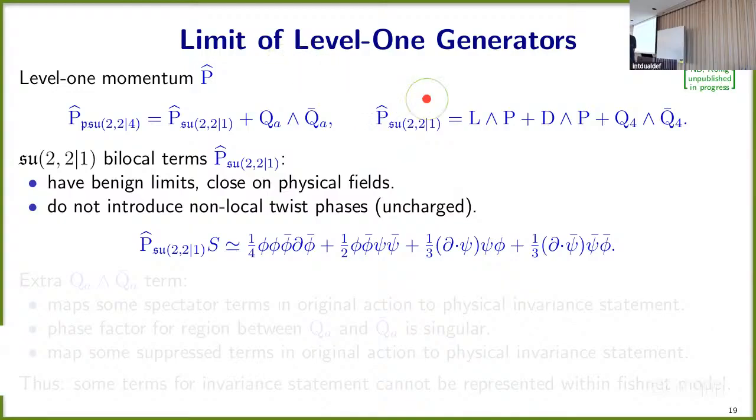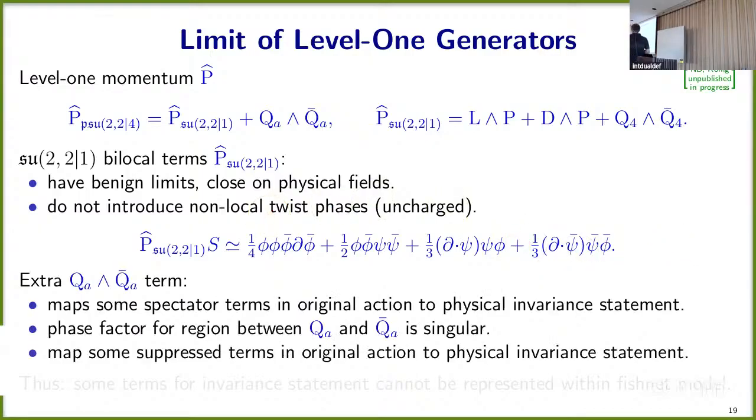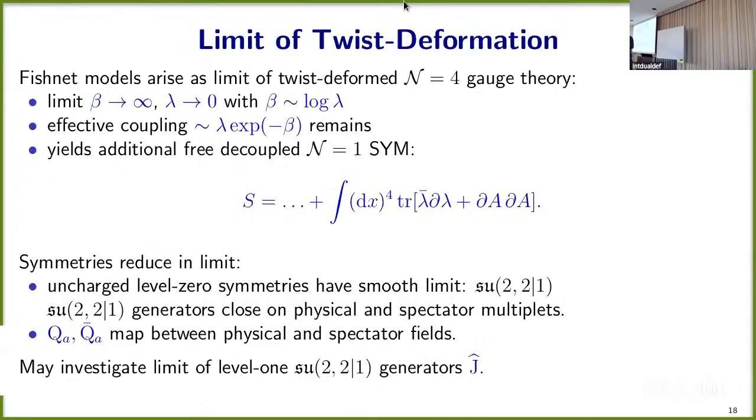So if you act with this one on the action, you'll obtain a couple of terms which have this form here with certain coefficients. But then there's the extra term that you need for the proper symmetry statement, and there's a problem. First of all, these map some spectator terms in the original action, that is these terms here.